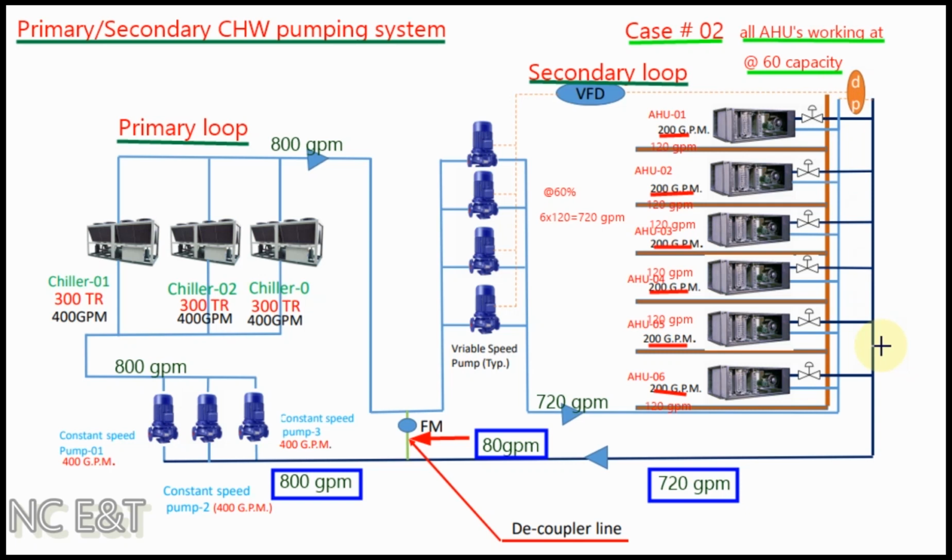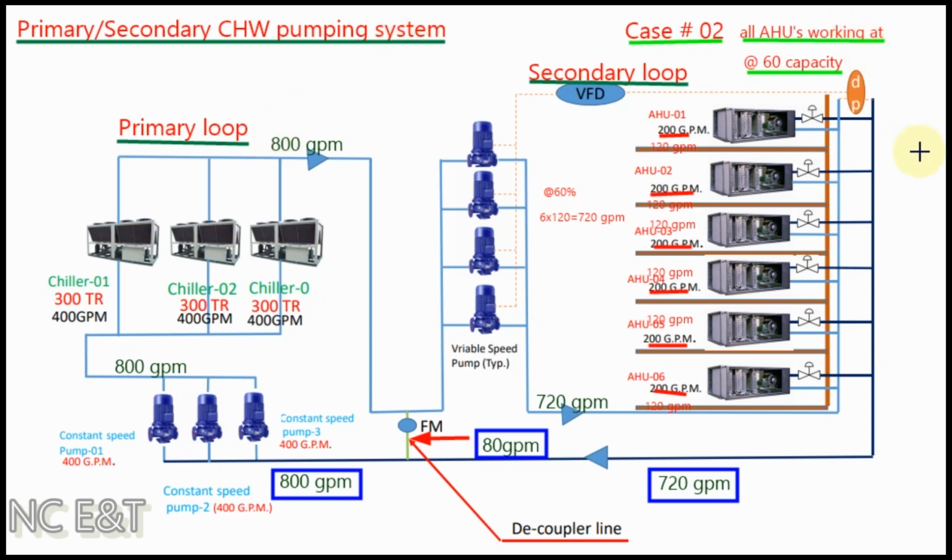But as this difference becomes equal to or greater than the capacity of a chill water pump in the primary loop, then we turn off one chill water pump and one chiller to maintain a constant chill water flow in the primary loop that is equal to or greater than the chill water flow in the secondary loop.